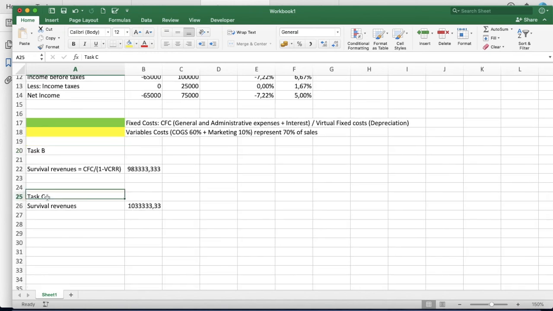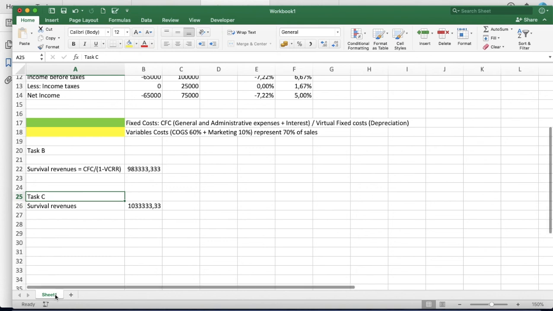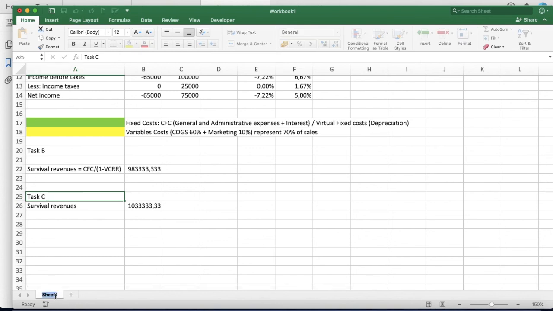Okay, guys, so this is all for the exercise number 7. So let's rename the sheet exercise 7, see, and let's save our work.